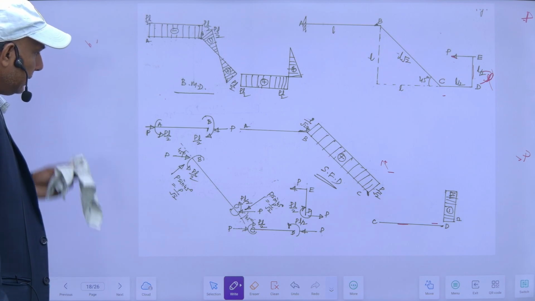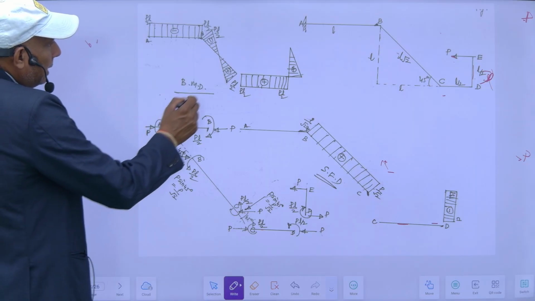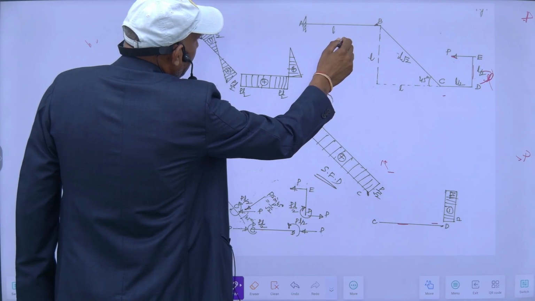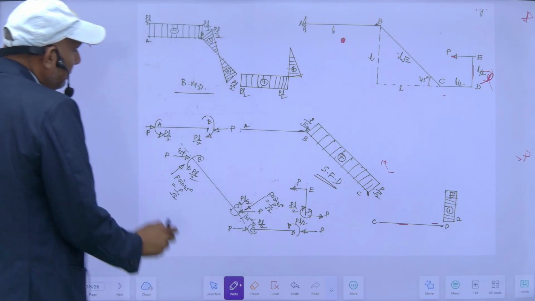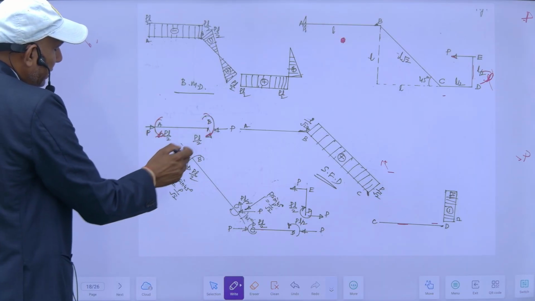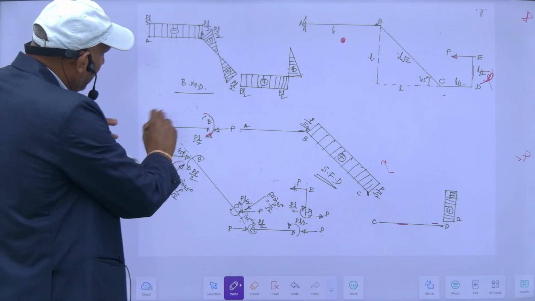let's start part by part. I am standing here, and my movement is like this. If I see from this side, this is hogging in nature.